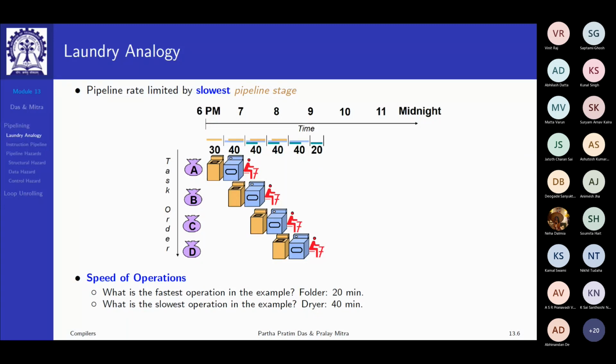Because that will have to be done for everyone. Here, as we see, the folder has the fastest operation speed of 20 minutes, whereas the dryer has the slowest. So this is the controlling, deciding factor, which gives a bound on the maximum throughput that we can actually achieve.